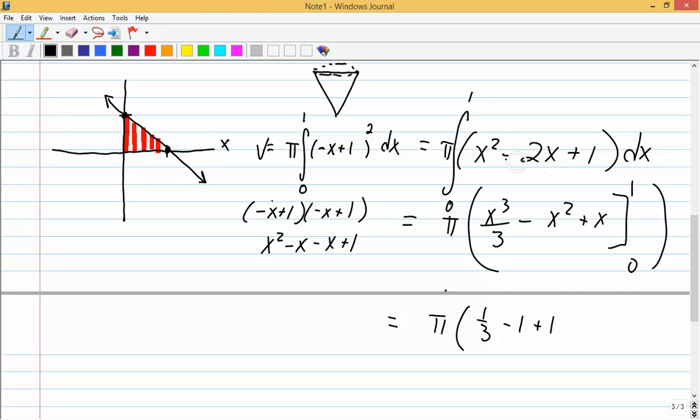I got so happy earlier because before I integrated and I plugged it in. But I want to let you know that sometimes plugging in a 0 is not going to give you 0. So you have to be very careful with that. Here it does. Sometimes it's not going to. Alright, so what's your answer? Pi over 3.